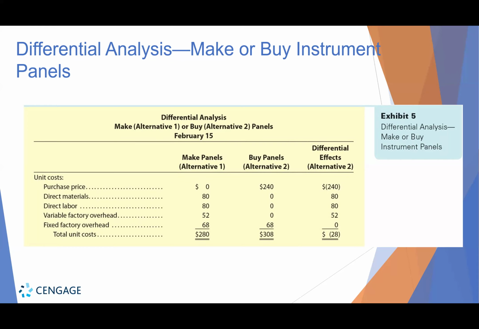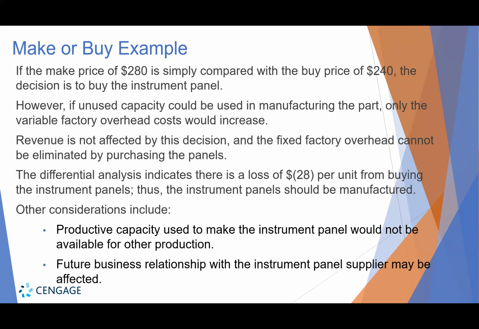So as you see here, it's showing that it may behoove us to make the panels, to choose alternative one over buying the panels from a supplier. If the make price is $280, and if we just compare what we're making it for versus what we're buying it for, then we would buy them.